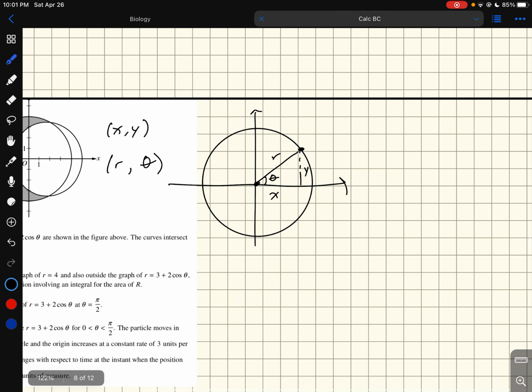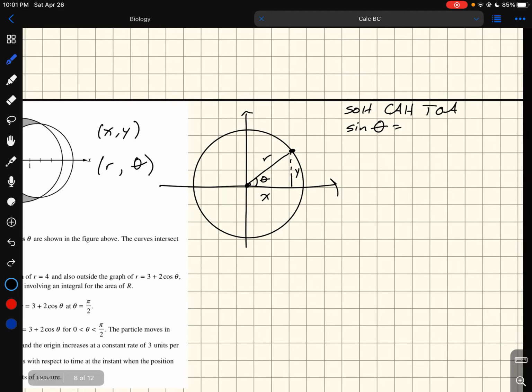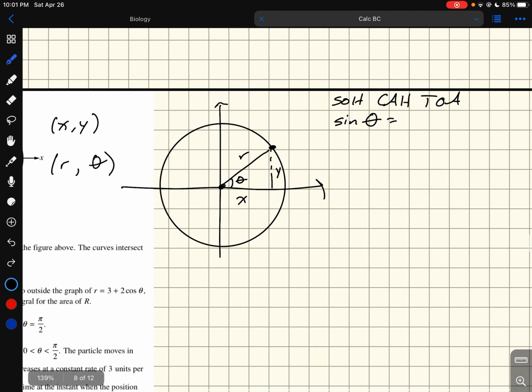We have sine of theta. So remember SOH CAH TOA, that's how we remember how these angles relate to the trig functions. So sine is opposite over hypotenuse.